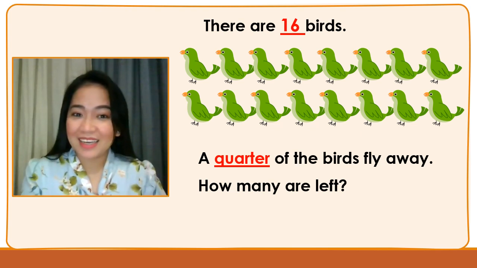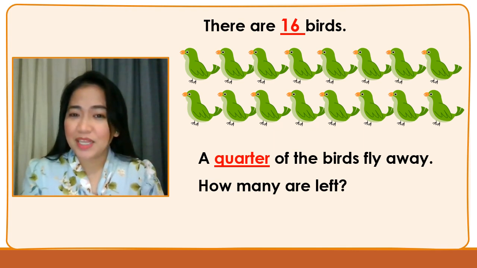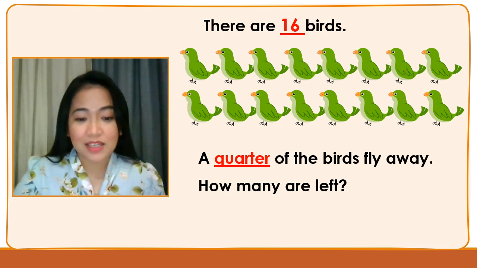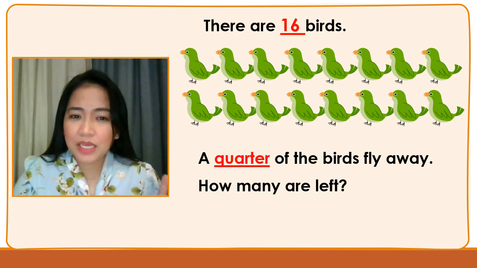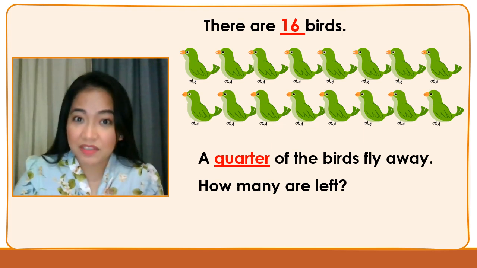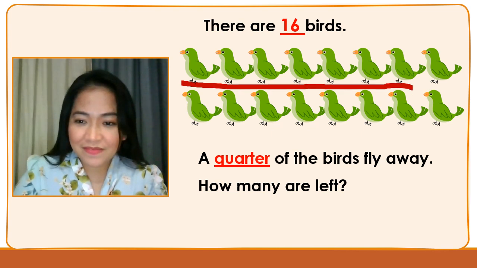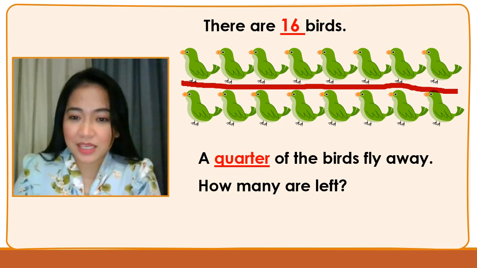Now let's check. So we have to find out the number of birds that fly away first. And to know that, let's split the birds into quarters. I'll split the birds into halves first. Like so. And then into quarters.